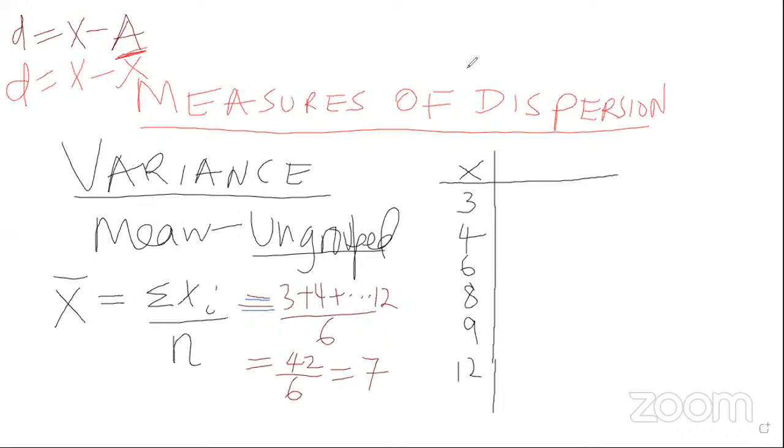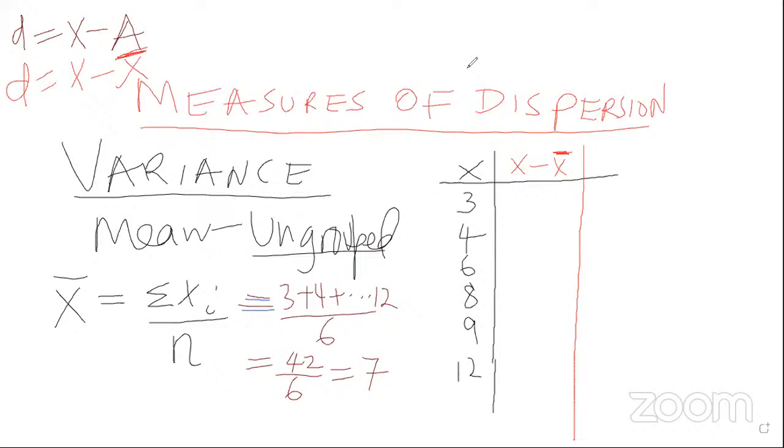So I need a column of x minus the real mean, where x is the marks each student got, and x bar is the mean of the group.